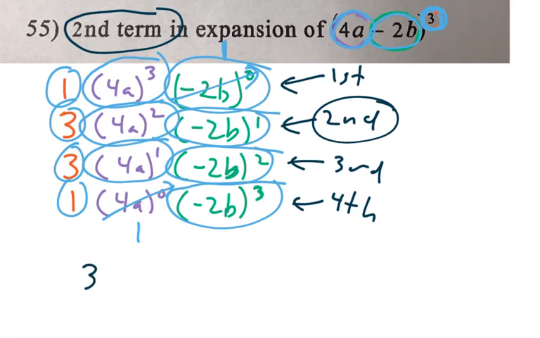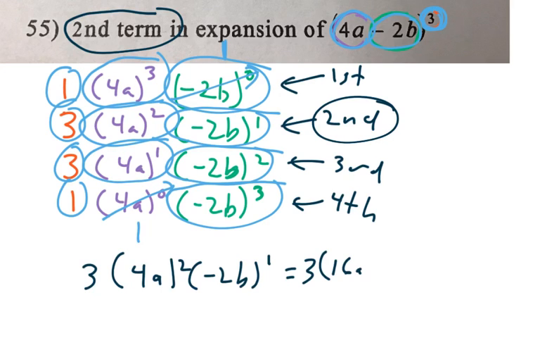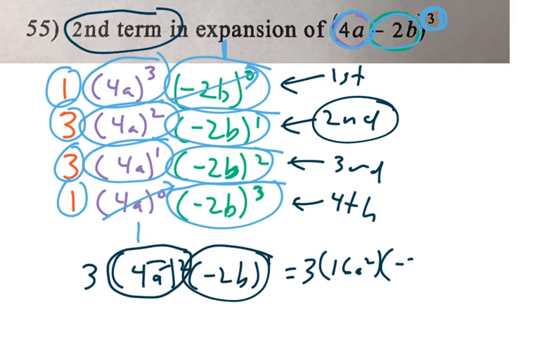So I would just take 3 times (4a)^2 times (-2b)^1. Simplifying, I know I have 3 times 16a^2. All I did was 4 squared and a squared right here. I know (-2b)^1, of course, is just simply -2b.